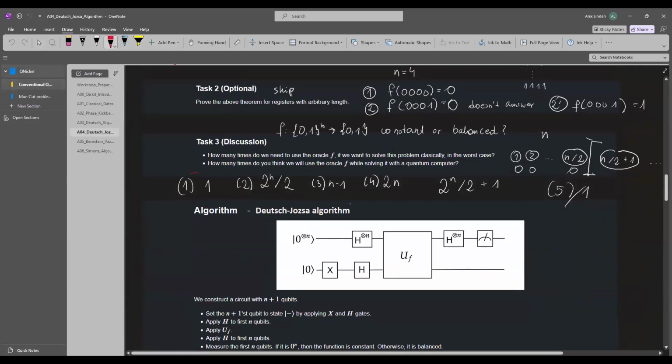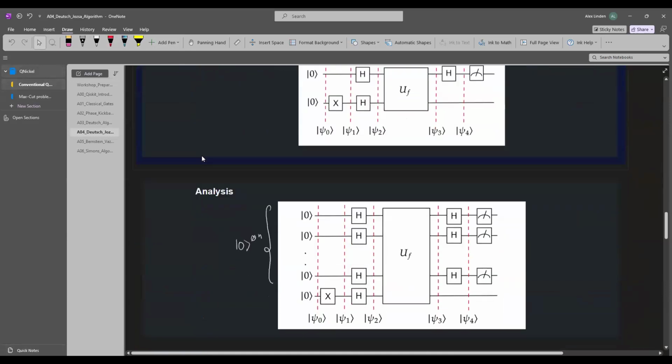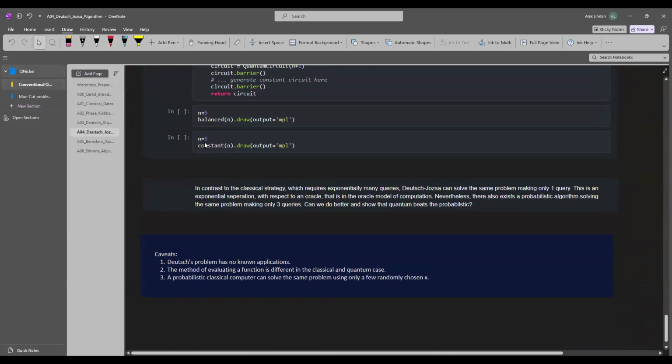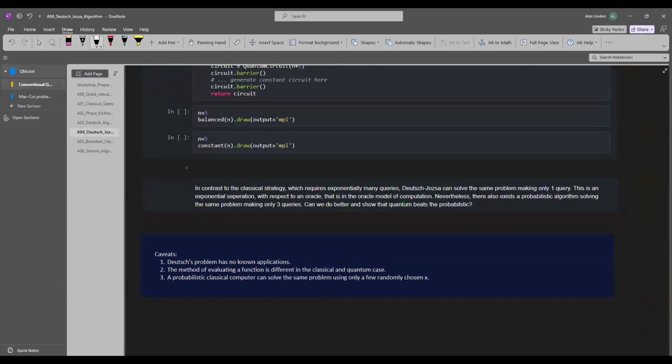So this one is correct. Only one query. So it seems very, very good. And here we can see how good the oracle model of computation can be. If applied correctly, it really speeds up our quantum algorithms.